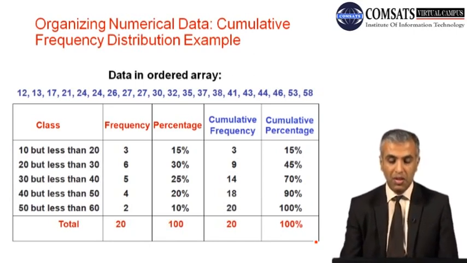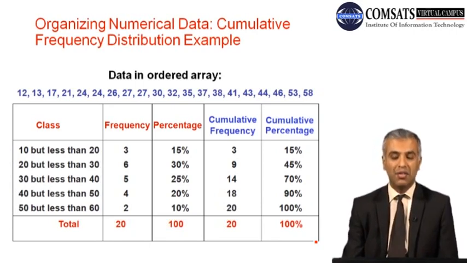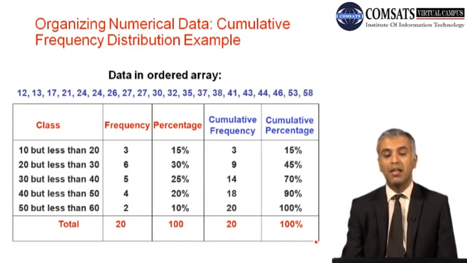So this is the stepwise cumulation of frequencies for each class interval. Likewise, we added 4 with 14 to make the cumulative frequency of 18 in the second last class interval.